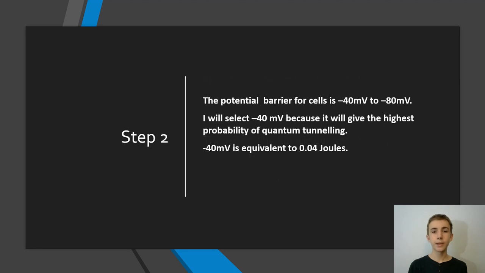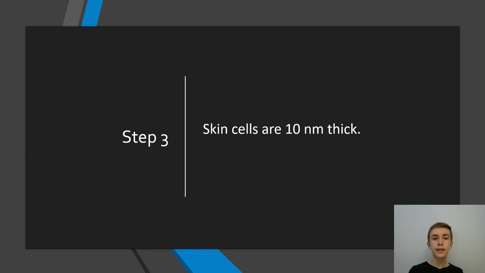Step 2. The potential barrier for cells is minus 40 millivolts to minus 80 millivolts. I will select minus 40 because it will give the highest probability of quantum tunneling, because the lower the energy of the potential barrier, the greater the probability of quantum tunneling. Minus 40 millivolts equals 0.04 joules. Step 3. Skin cells, which are the barrier, are 10 nanometers thick.